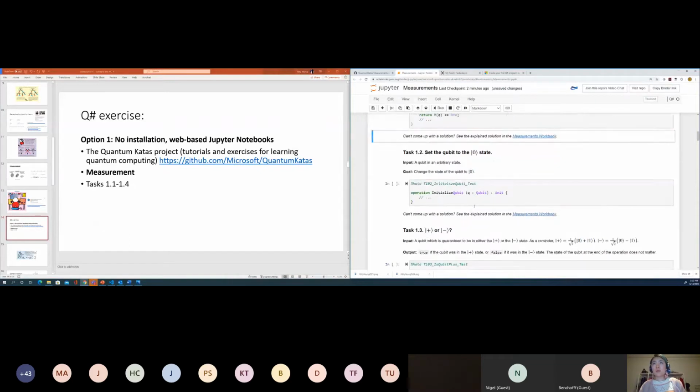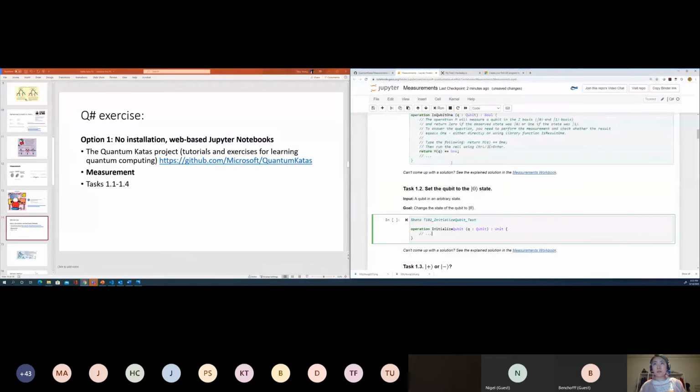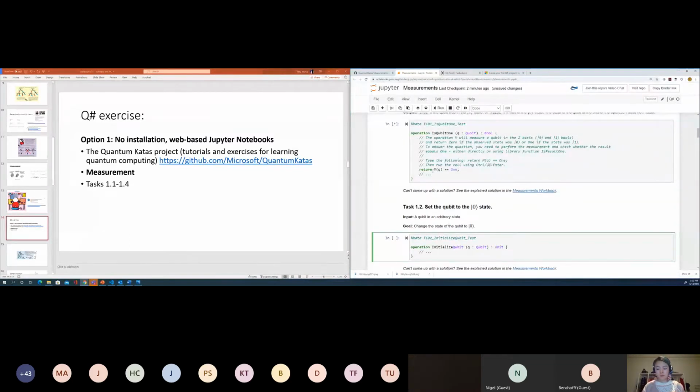It's okay. We're gonna use the same thing that we just learned. So we're gonna do an if statement. Q# is really high level, and you can also write classical code within Q#. So the logic is as what you would think it would be.